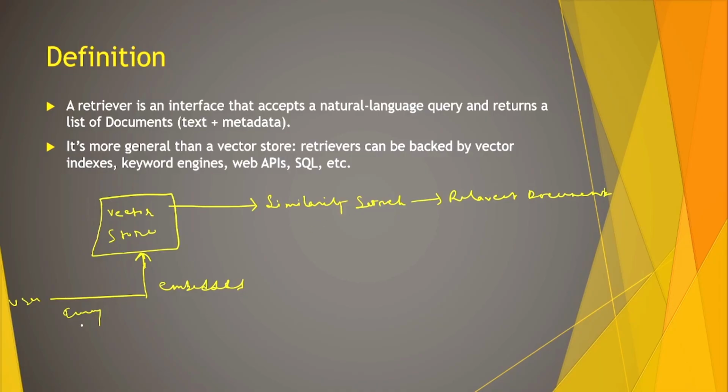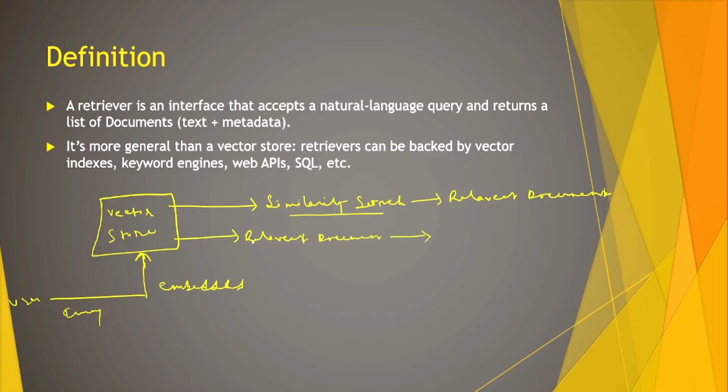So whenever a user asks any query, that query goes to the vector store, and the vector store tries to find the relevant documents by performing the similarity search operation and retrieves them. In the same way, a retriever works the same way. A retriever also retrieves all the relevant documents.